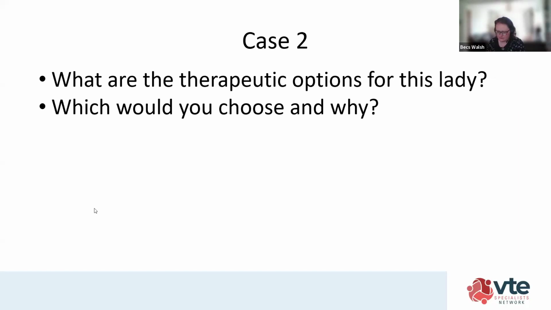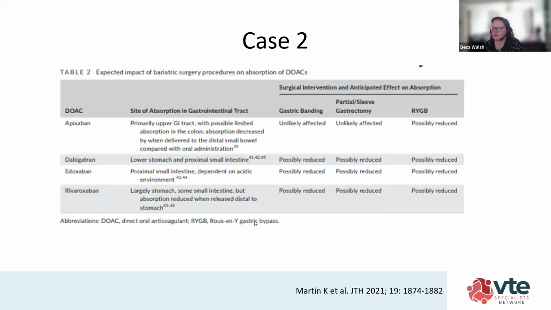Yeah. So let me show you the next slide, which is a bit fuzzy, isn't it? But that's from the ISTH recommendation on the use of DOACs in patients with obesity for treatment and prevention of VTE from 2021. So that's their recommendation in terms of site of absorption of the different drugs and which one is most appropriate. So on the basis of this recommendation, apixaban is the most sensible.